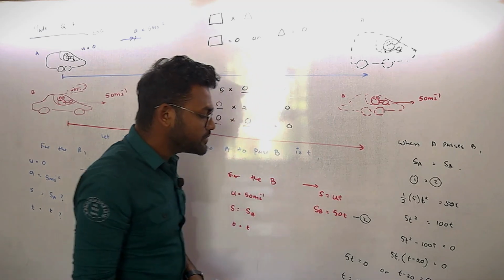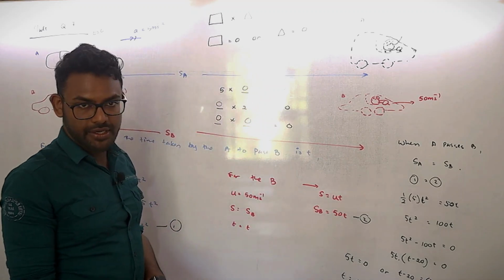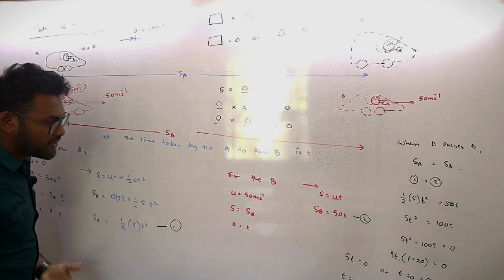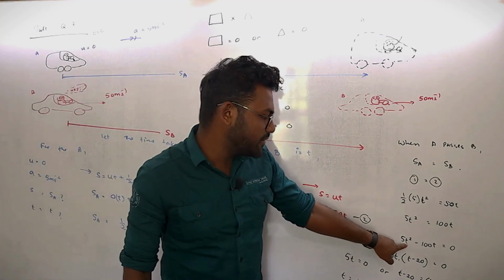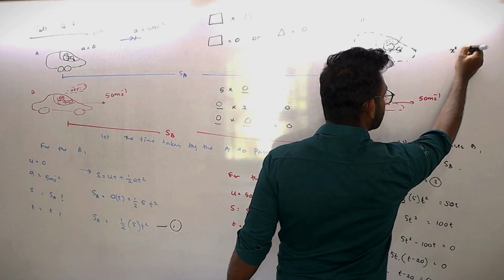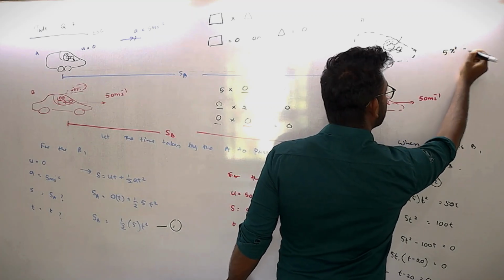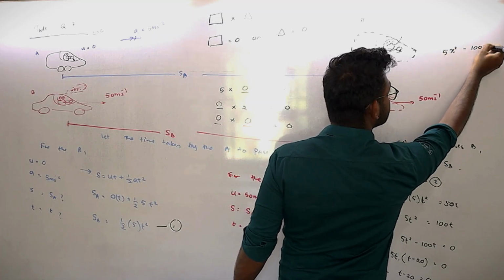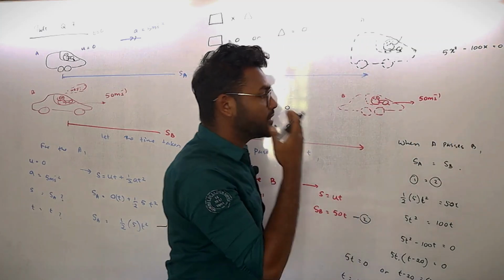So we can have two solutions here. Usually we are doing it by simplifying quadratic equations. This is a quadratic equation in time. Similar to the way we have taken it for, like, 5x squared minus 100x equals 0. So you should find the roots of x there.